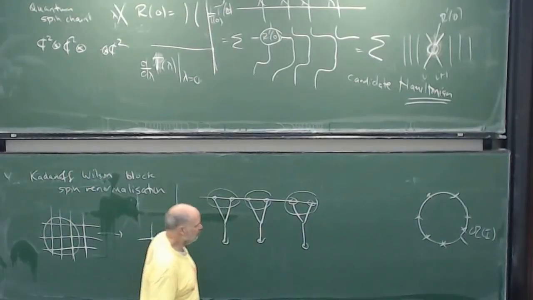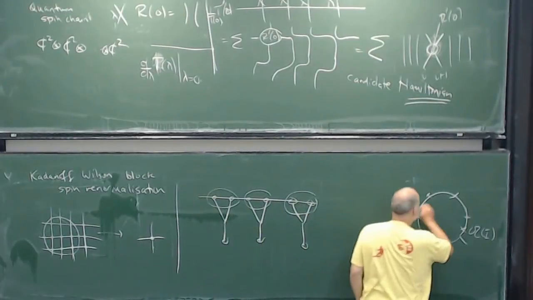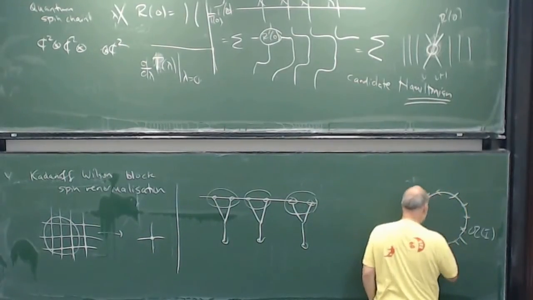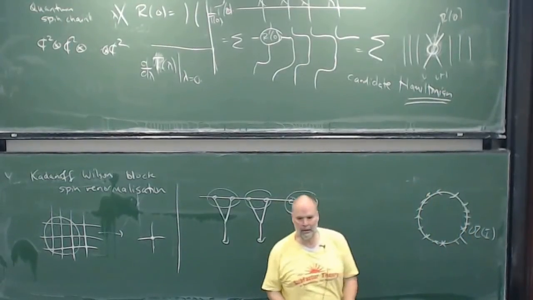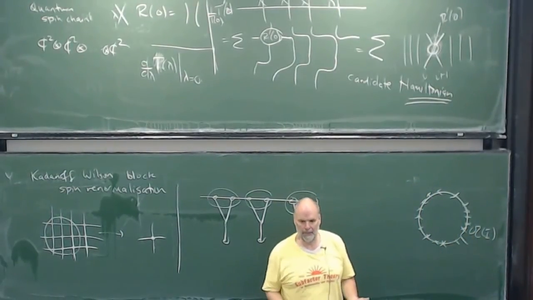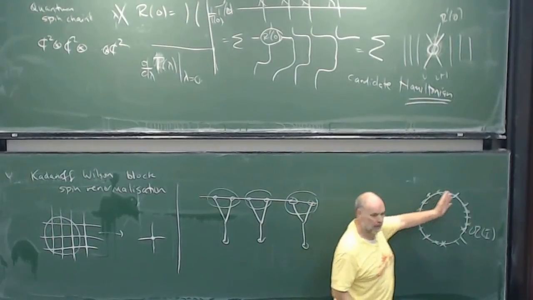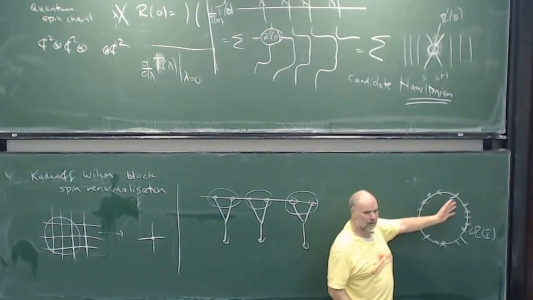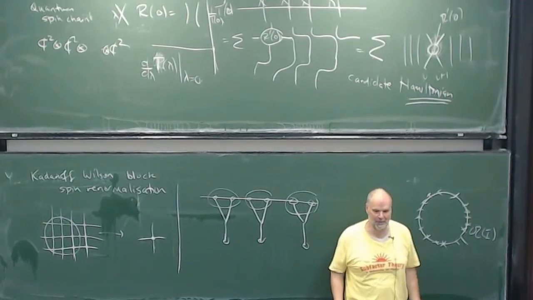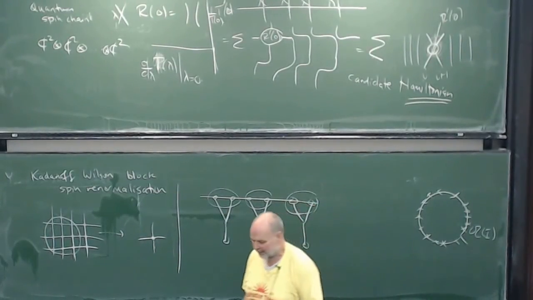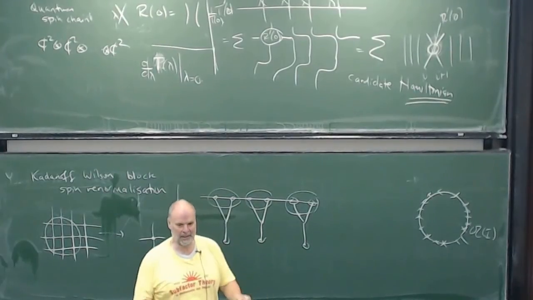So the naive idea was to just try to let these points on the circle become dense and obtain the conformal field theory as some kind of limit as the points become denser and denser on the circle. That's a nice sound thing, right? Any physicist would like that idea. But now I'm going to convince you that it just doesn't work.